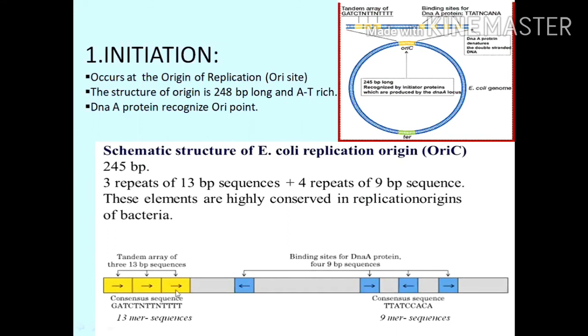A mer sequence is an oligonucleotide consisting of a short series of nucleotides, here majorly AT rich. On the downstream side, 9-mer sequences are there, repeats of 9-mer sequences, also an AT-rich region. Based on these conserved sequences, the DnaA protein identifies the oriC region.